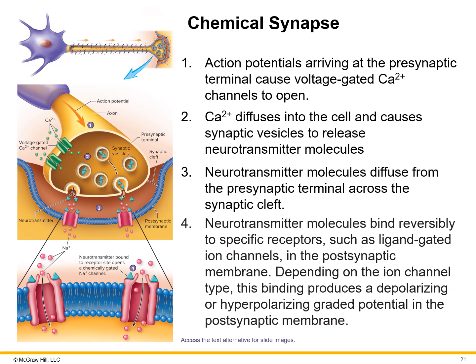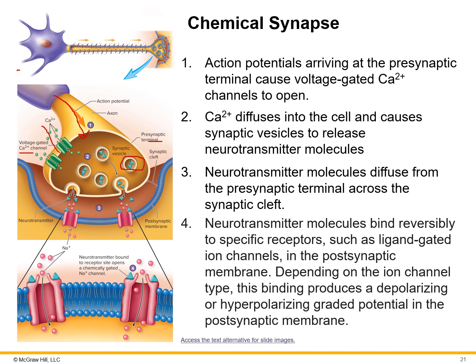So if we look at the chemical stimulus, again, this was our overall, but if we look closer here at the synapse, again, we have our presynaptic terminal. It has these synaptic vesicles in here. What's going to happen is when the action potential comes down, whenever the membrane potential changes, this is going to open voltage-gated calcium channels.